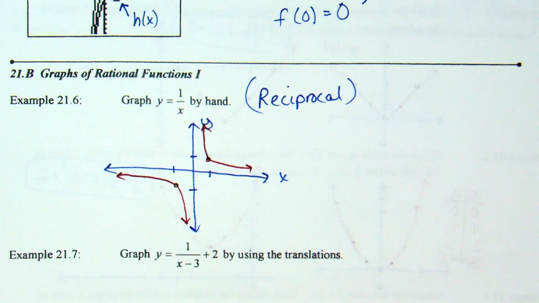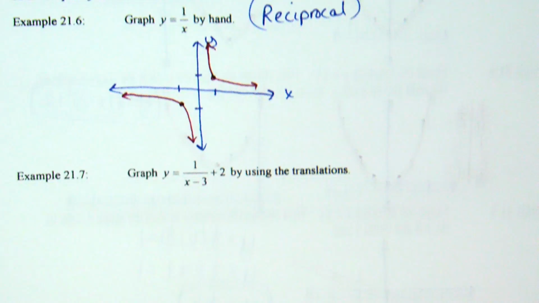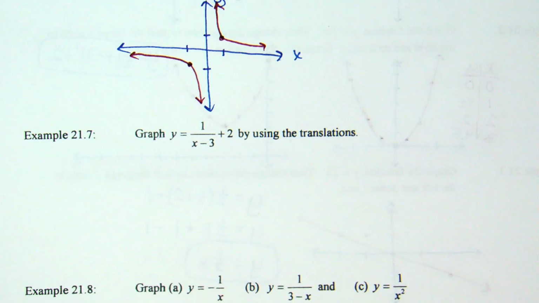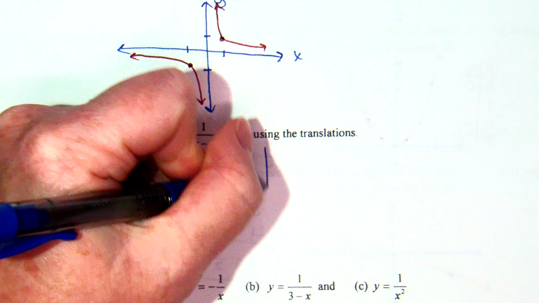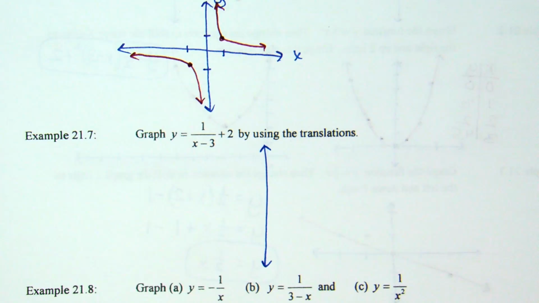Yeah. Okay, what about example 7? Graph this by using the translations. Right 3, up 2. Okay. Right 3, up 2.